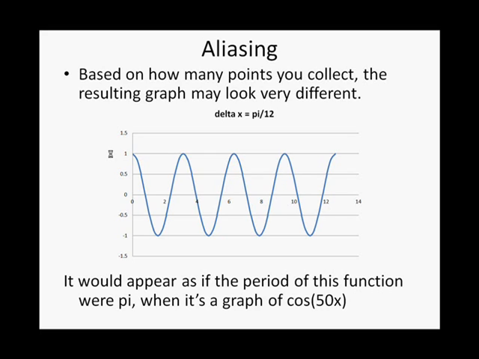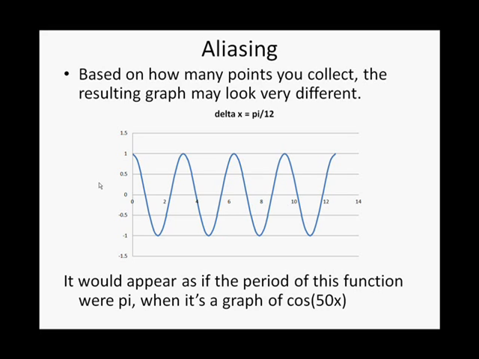So here's another situation where the resolution of your data sampling is going to affect what your outcoming graph will look like. Here I've got the exact same graph of cosine of 50x. In this instance my delta x is measured every pi over 12. Since I'm going from 0 to 4 pi, that means I included 48 data points.